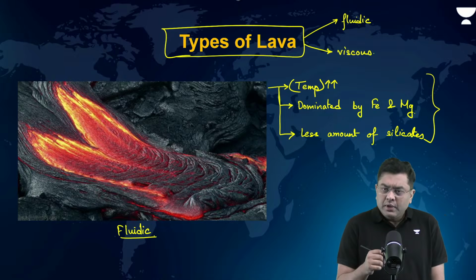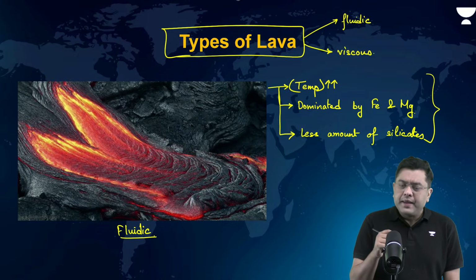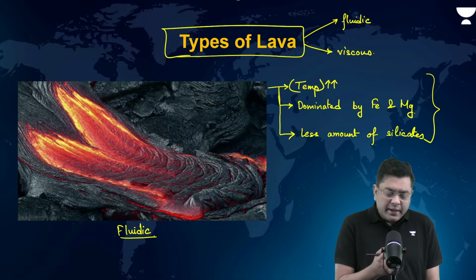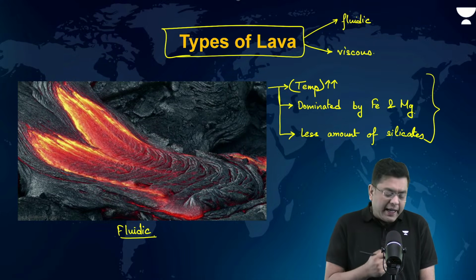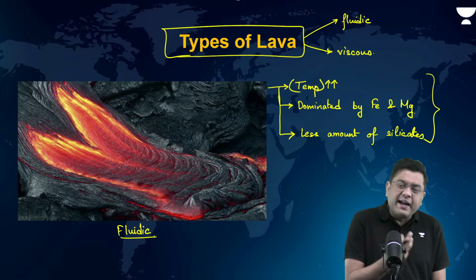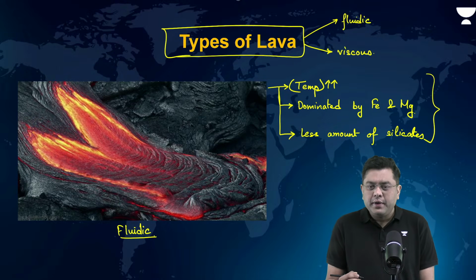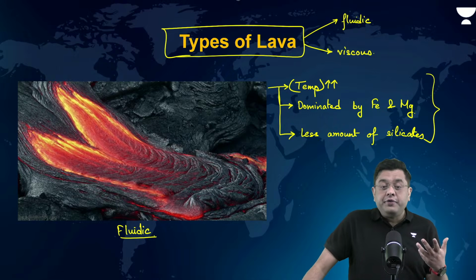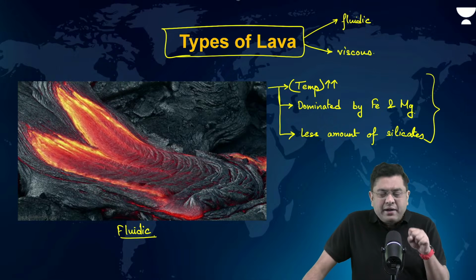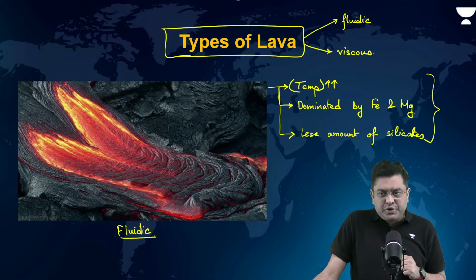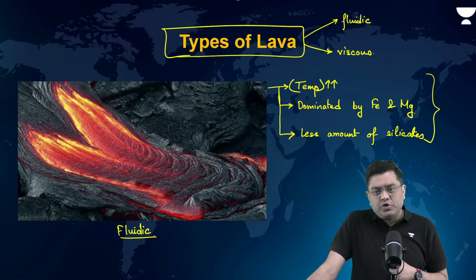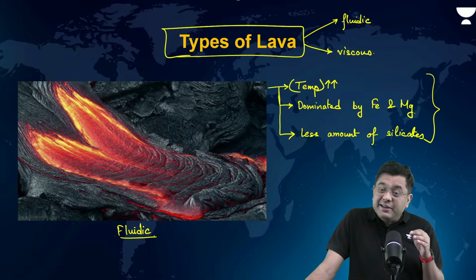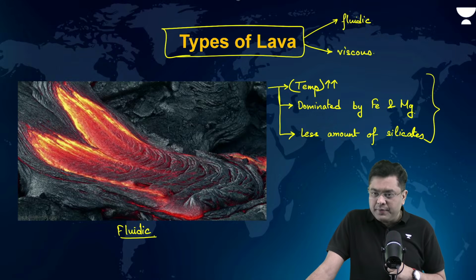Now, imagine one thing. If a volcanic eruption happens where this kind of a lava has to come out, will that require an explosive eruption or will that require a non explosive eruption?